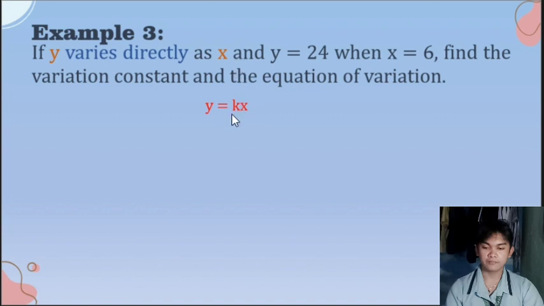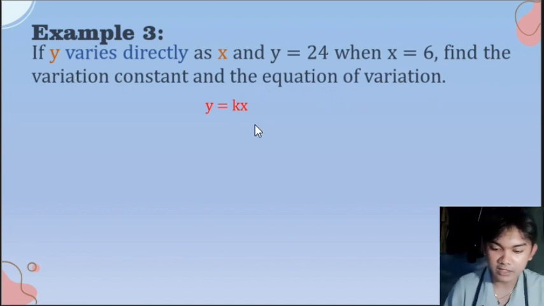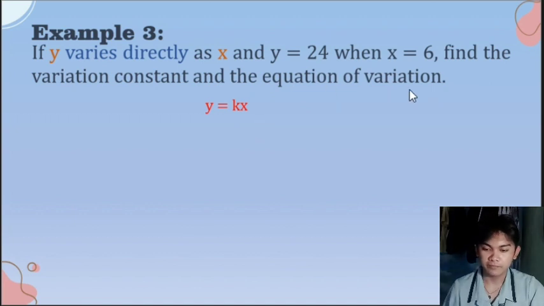We have to get the value of k first before we can get the equation of variation.